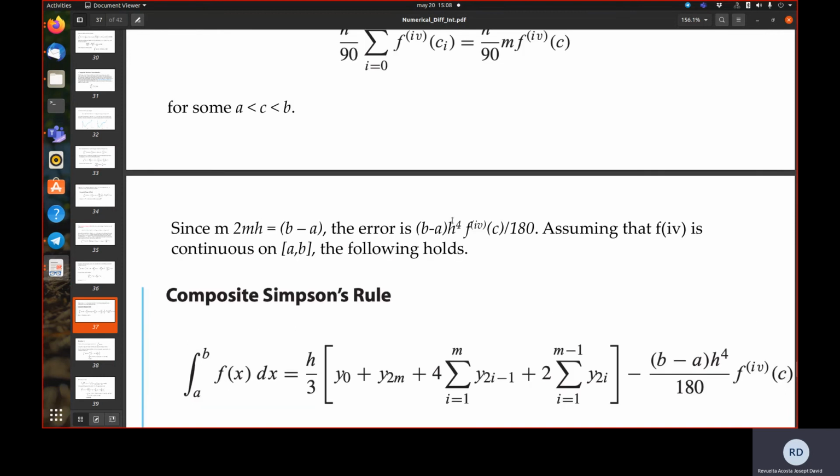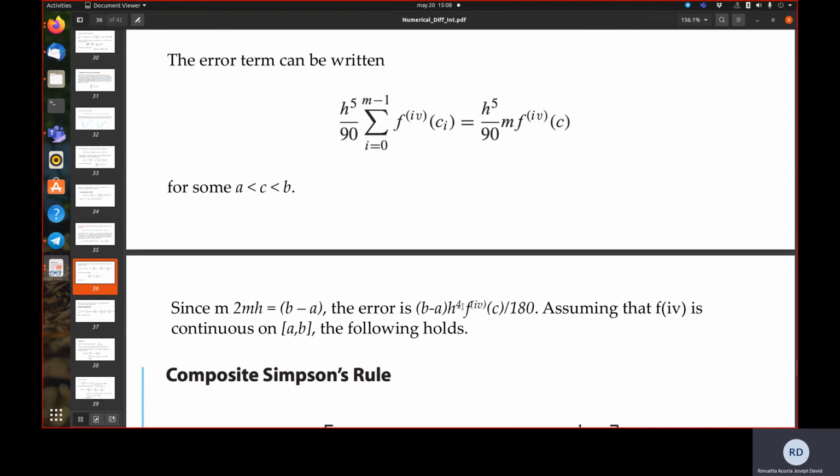So then we can do exactly the same as we did for the trapezoid rule. We simplify to b minus a times h to the fourth. If you see here, still the h decreases by one term because we have 2mh, right? And then this is going to be 90 times 2, which is equal to 180, sorry. And then this is the error term.